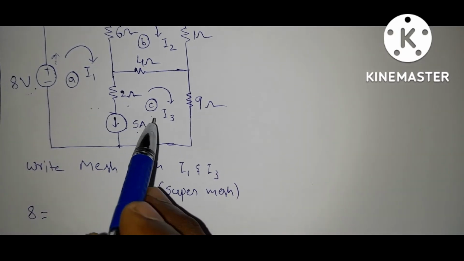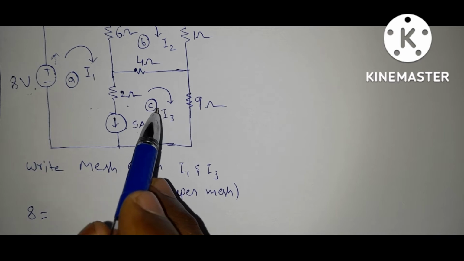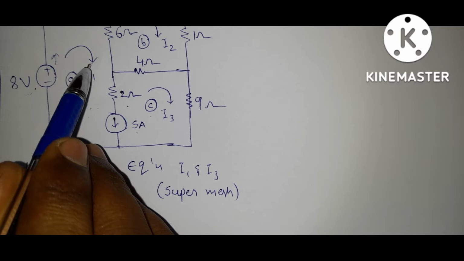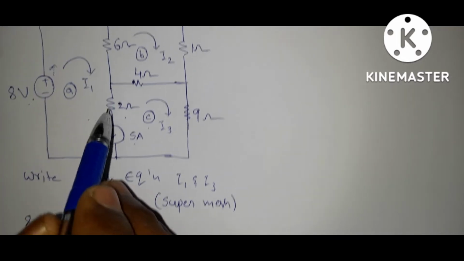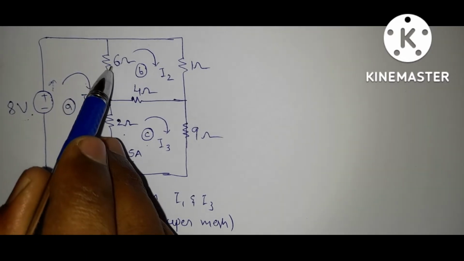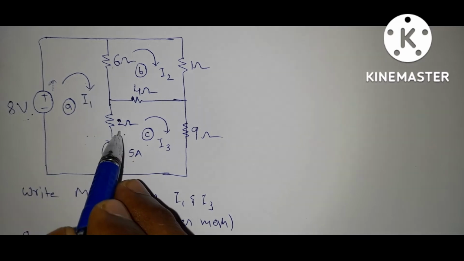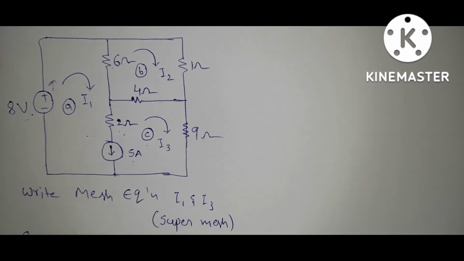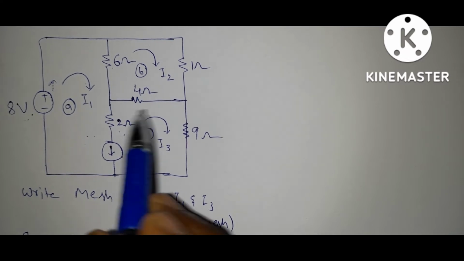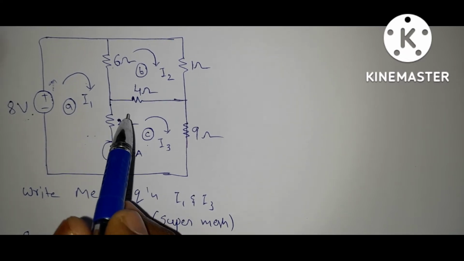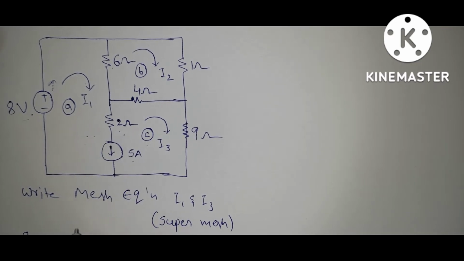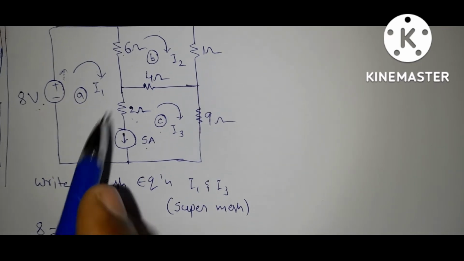Coming to this loop, is there any voltage source here? There are no voltage sources, so this is 0. Now sources are completed. What are the passive elements for this loop? This is one passive element and this is another. You can exclude this passive element or you can write it in the equation, but if you write the voltage equation for this 2 ohms, it will cancel. I will show you.